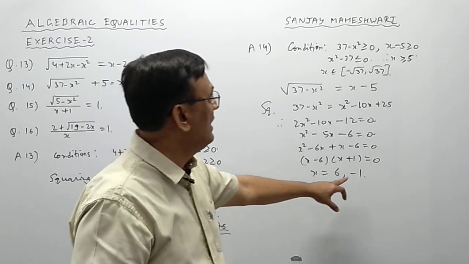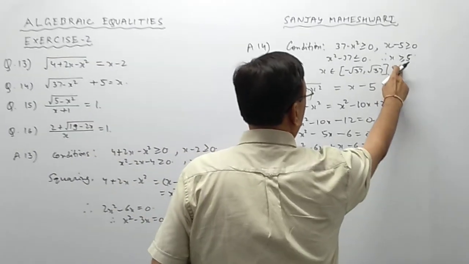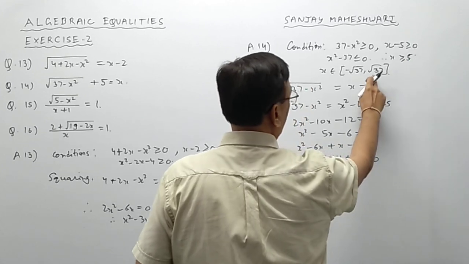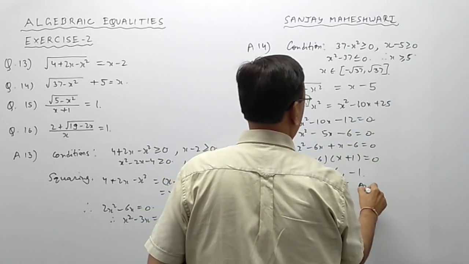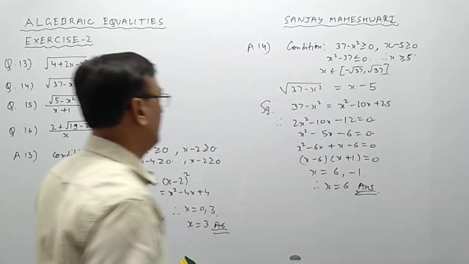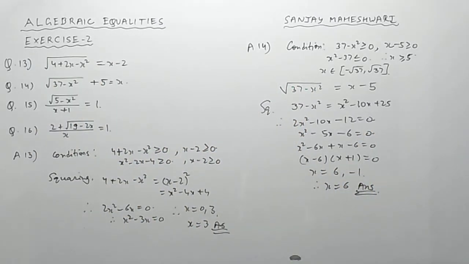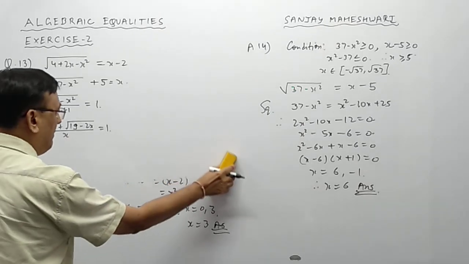So here minus 1 is not acceptable. x should be greater than or equal to 5 and should lie between 5 and root 37. Therefore x equal to 6 is the correct answer. Next question, we move on to question number 15 this time.